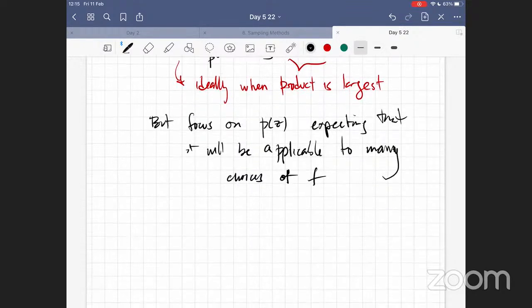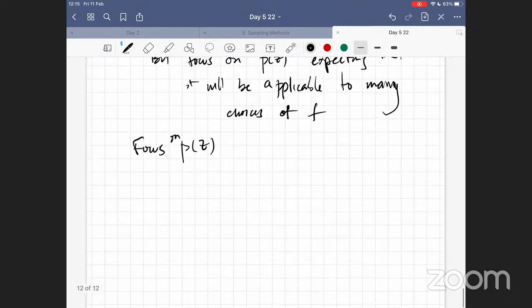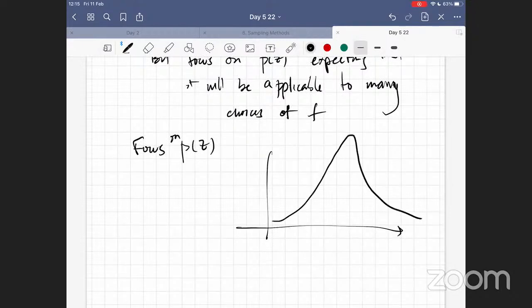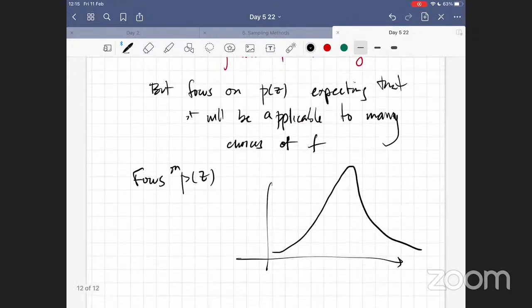So let us focus, and discuss a little bit more, on P of Z. Let me just draw it. Imagine you have something like that. So what would be the relevant region of P?